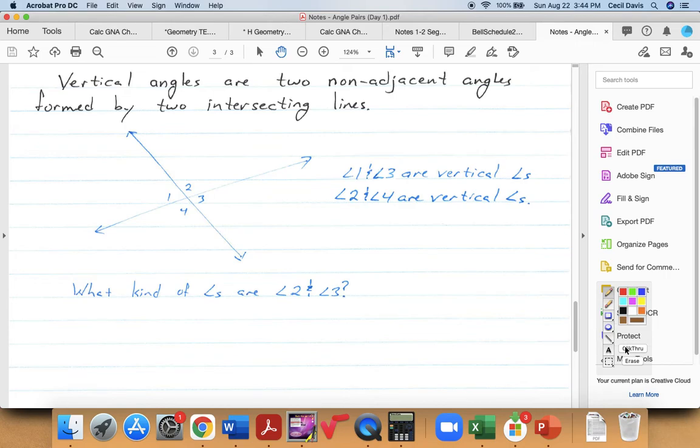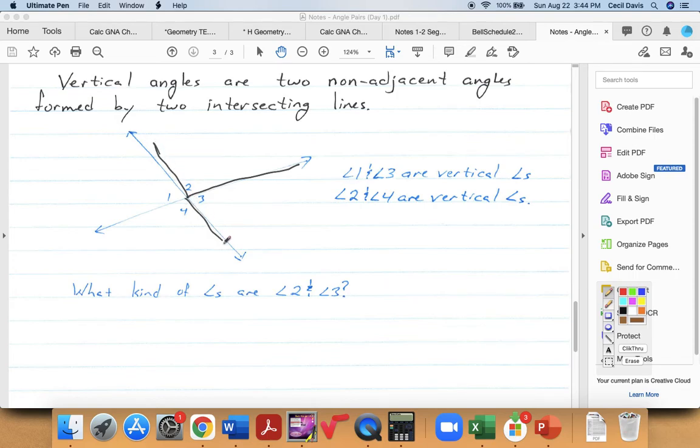And their other two sides, so this is the one that they share, their other two sides make a line or make opposite rays. So those are a linear pair. They're a pair of angles that together make a line with their non-common sides.